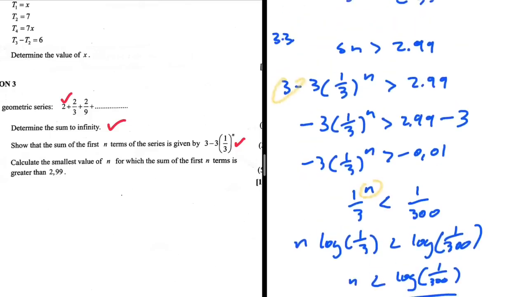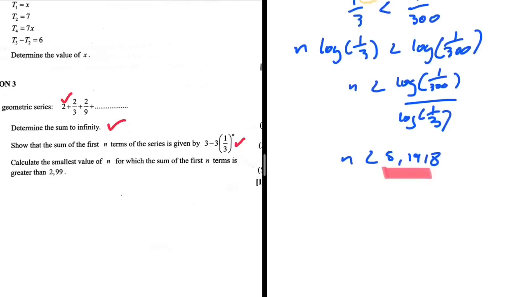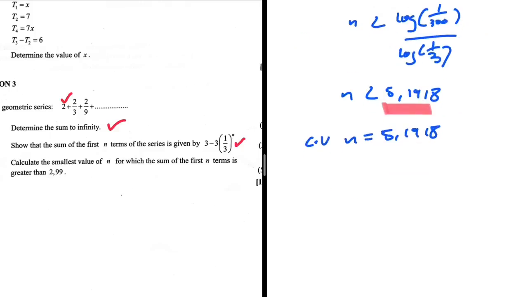Should I have said critical values and changed the inequality sign to an equals sign and then figured it out manually? Okay, let me say critical value n is equal to 5.1918. Now I will figure out whether I want my n to be greater than 5 or less than 5. Well, my n to be 5 going down or my n to be 5 going up.